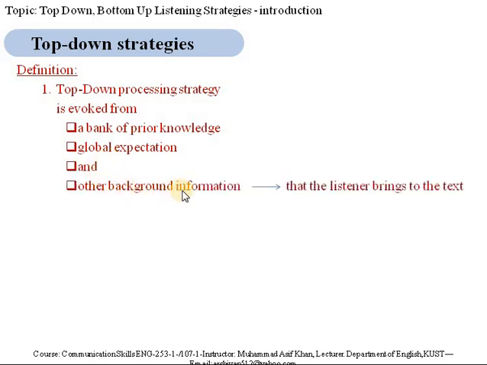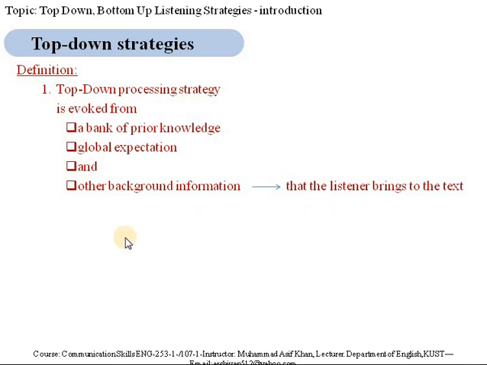And we see that these three components suggest or stir up, and the listener brings all these things to the text. So in top-down processing strategies, the prior information, those beliefs that humanity is having and other additional information that we are having, all these things are brought to the text for its interpretation.